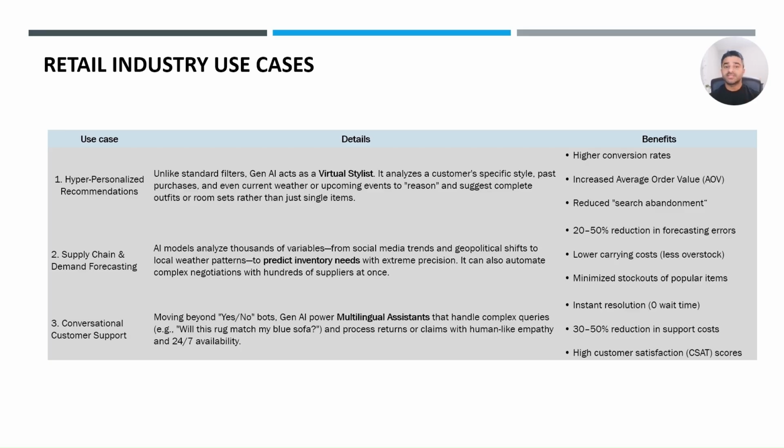Now, to bring all this to life with a practical example, let us look at how Amazon is using generative AI. They recently launched a new AI shopping assistant called Rufus. Imagine you are planning a camping trip. Instead of typing tent, sleeping bag, or backpack separately and then going through all the reviews, you can just ask Rufus, what gear do I need for a 3-day camping trip in the mountains?